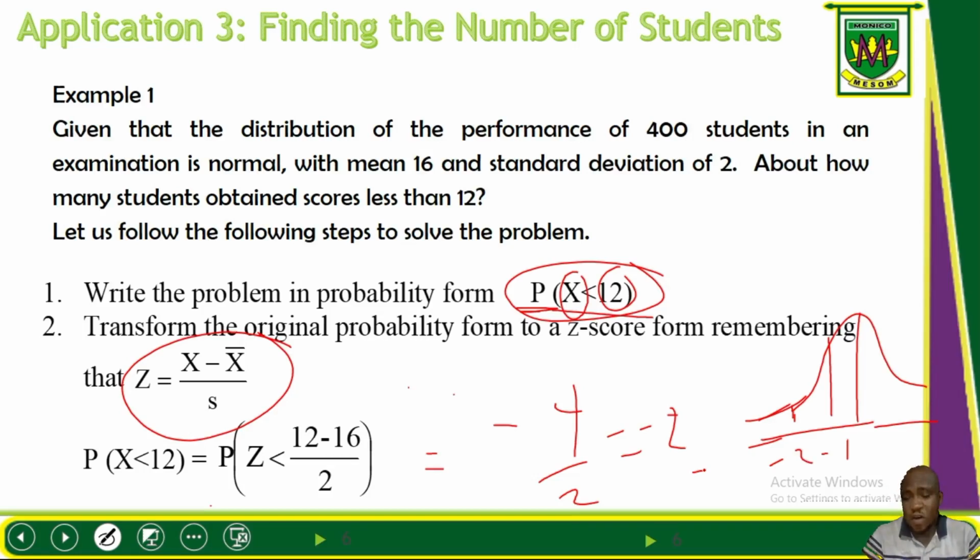So if you are looking for values which are less than 12, then that means after converting to the z-score, which we got to negative 2, we are going to shade the space before the negative 2. And after you go to the table, the standardized normal distribution table, and search for -2.